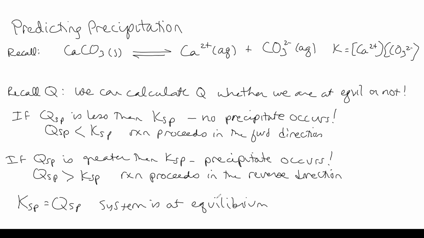Okay, so let's just do the last thing and write out Q for our reaction above. And so remember, it's basically just the same thing as KSP, except we're not measuring at equilibrium. Okay, and so there's our expression for QSP. So let's do an example to see if we can predict whether a system will precipitate or not.